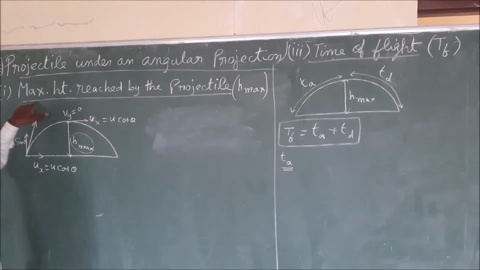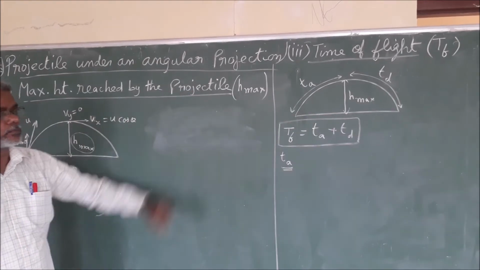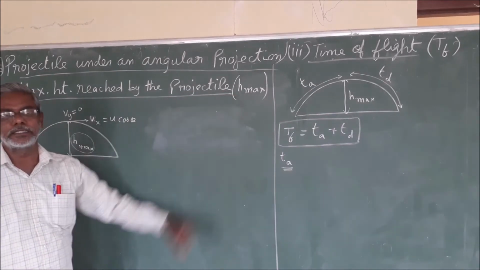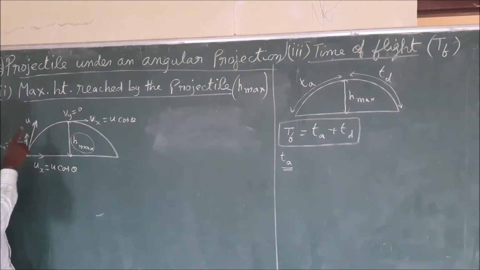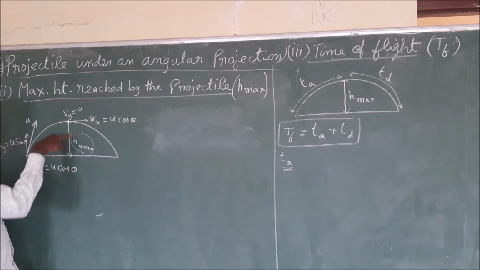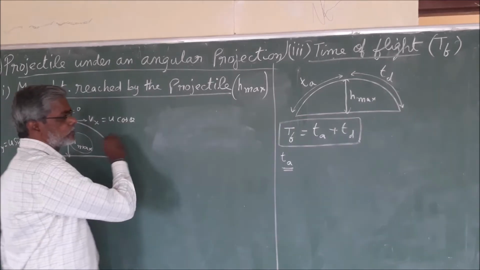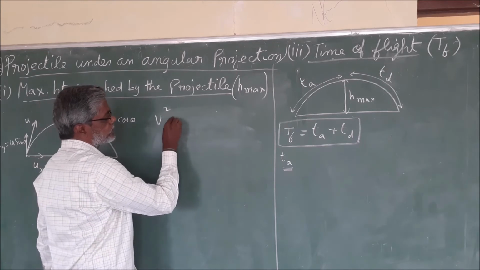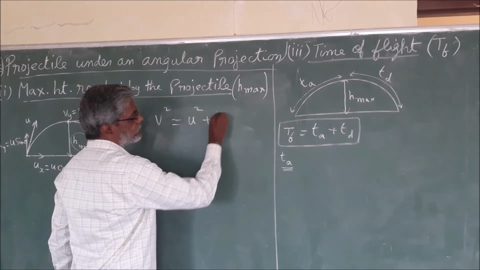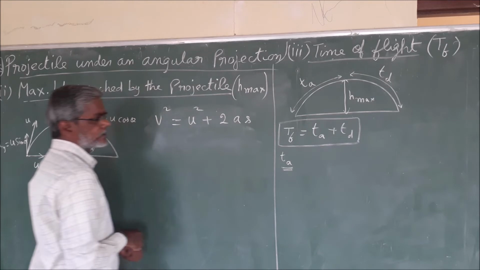Next, we will see the maximum height reached by the projectile, and it has been represented by x max. So I want to find out this particular object which is at maximum height. So we know from the kinematic equations of motion, v square is equal to u square plus 2as.